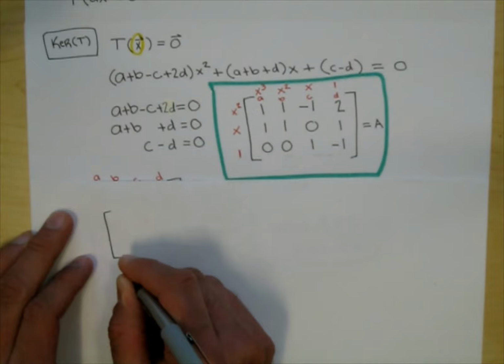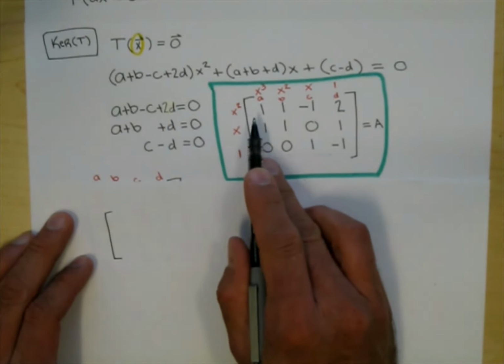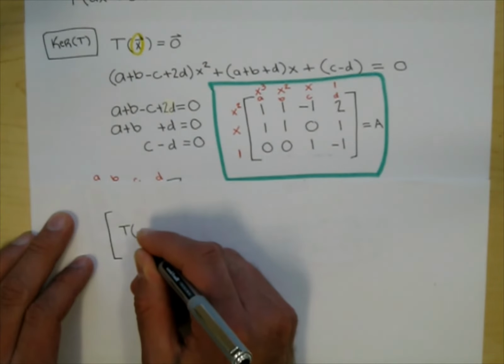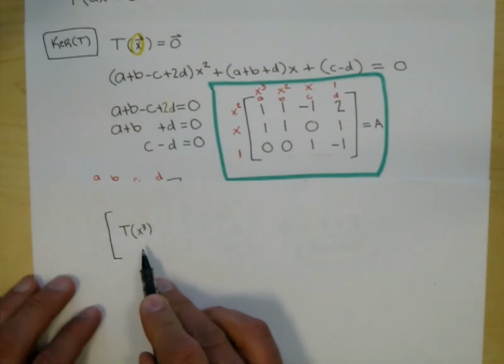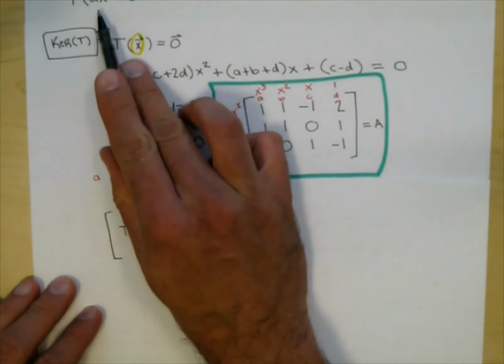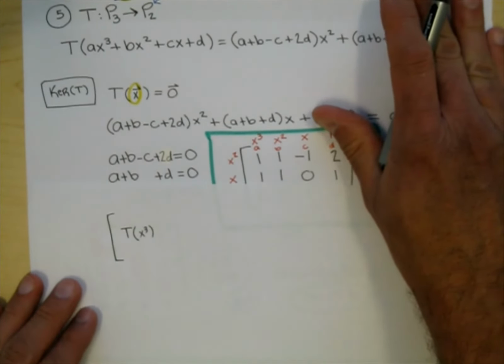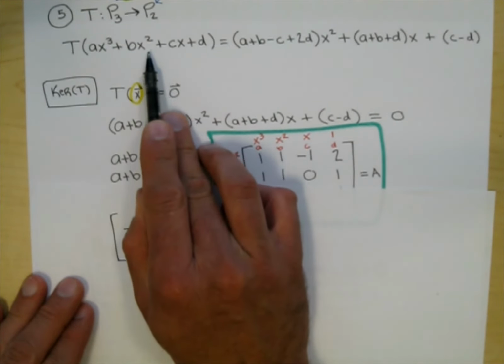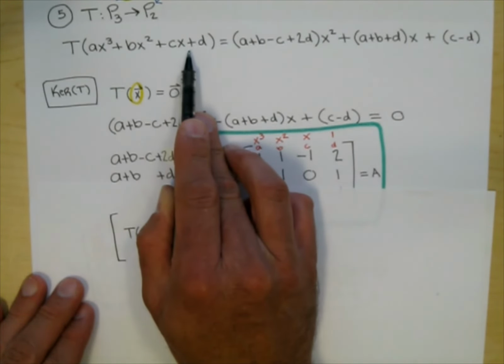This green matrix happens to be this right here. So it's a matrix, and this column is T of x3. Well, is it? Well, what is T of x3? If you just put x cubed into there, so a is 1 and all the other ones are 0, then what do you end up getting?